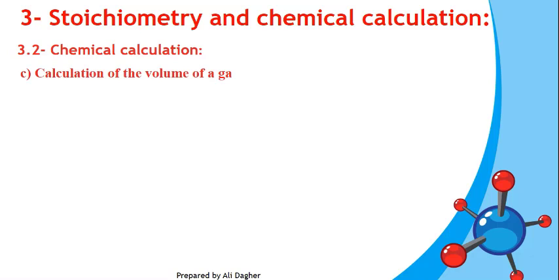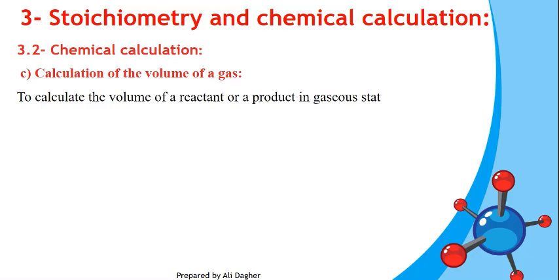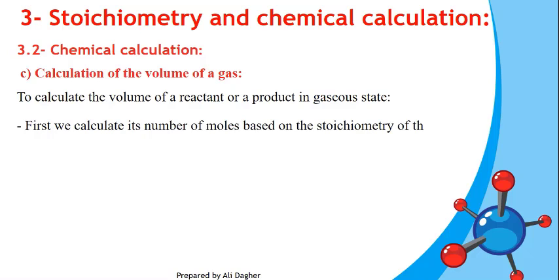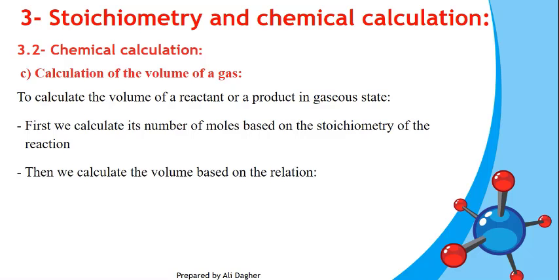Calculation of the volume of a gas. If we have a gaseous reactant or product, we can deduce its volume. To calculate the volume of reactant left or of a product formed in gaseous state, first we calculate its number of mole based on the stoichiometry of the reaction, as we have seen in part A. Then we calculate the volume based on the relation.